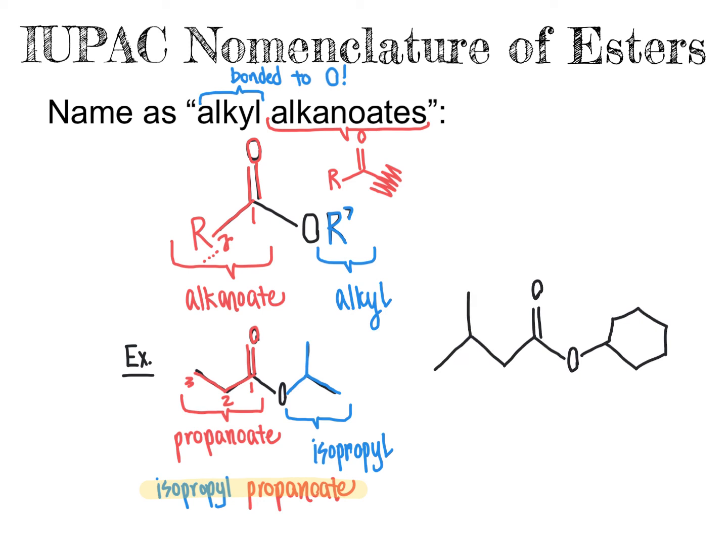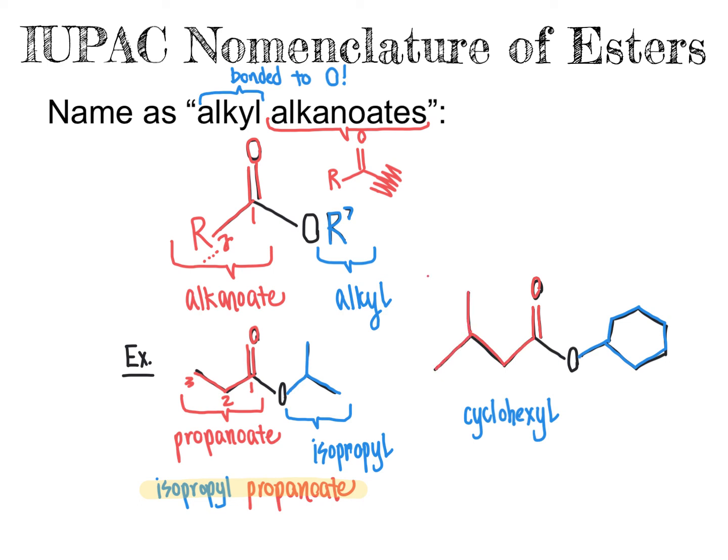So let's go ahead and come up with the name for this molecule. As we follow our template, we're going to start by naming the O alkyl group. That is the alkyl group that's directly bonded to the oxygen. So this 6-membered ring is called a cyclohexyl group, to denote the format that we're using here is our alkyl groups ending with YL. 6 carbons in a ring, cyclohexyl, and then we'll name the other portion of the molecule, that is the carbonyl group, onward as our alkanoate group.